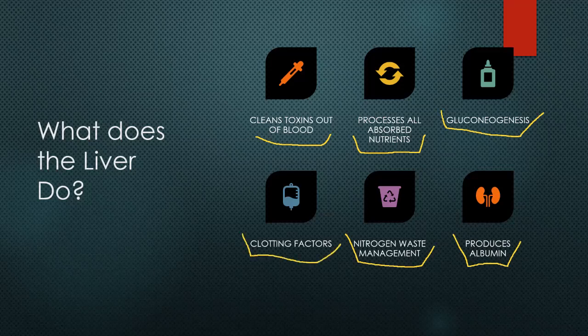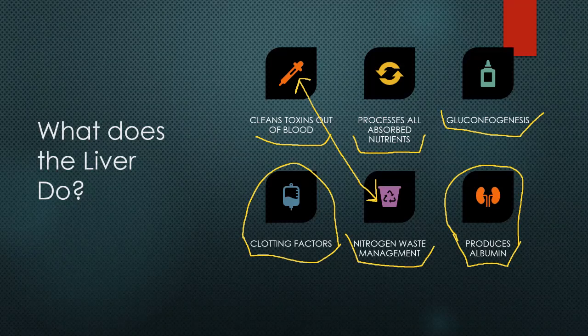So if we have a problem with the liver, one of the first places that we're going to see problems is we're not going to clot very well. And we can have buildup of toxins in the blood, and we can have our albumin go down very low, which means that we can have an increase of swelling.